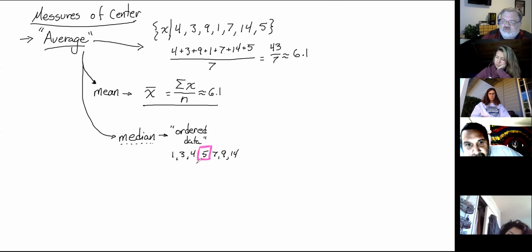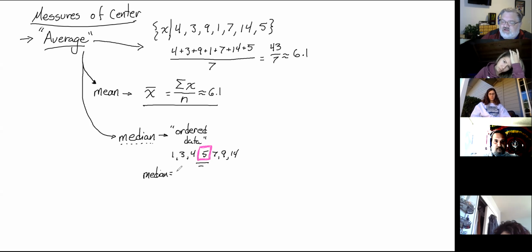We just grab the point in the middle. So for this data, the median, we don't have a symbol for median quite yet, but we'll get one, I think early next week, maybe the end of this week. But for right now, we'll just call it the median. Here, the median is 5.